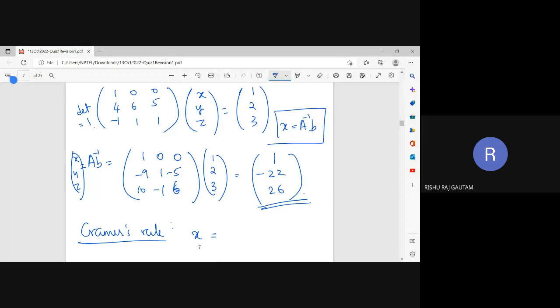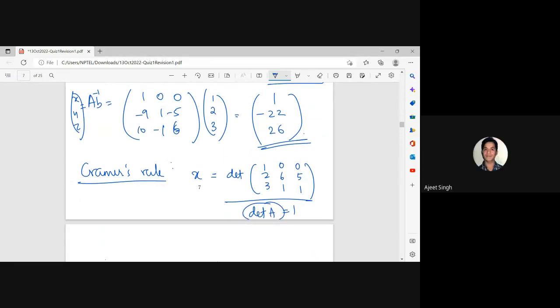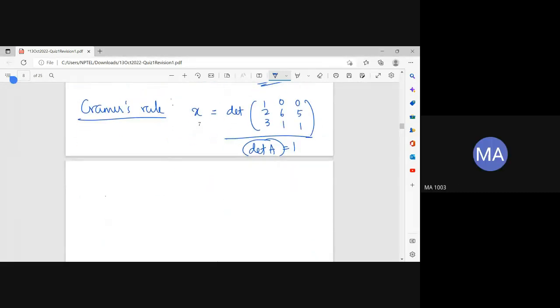So for determinant of A xi, you will replace the first column with the right hand vector: 1, 2, 3, 0, 6, 1, 0, 5, 1. And then you will divide this answer by determinant of A, which is equal to 1.